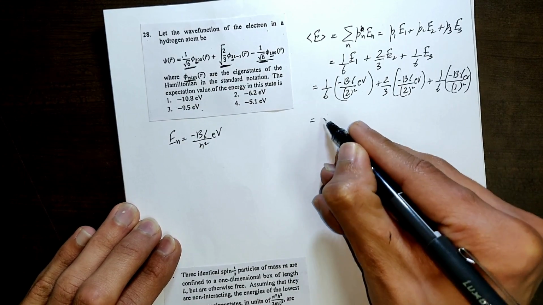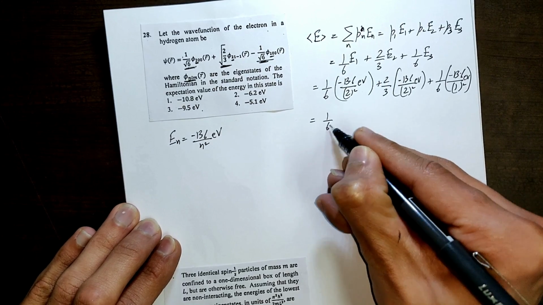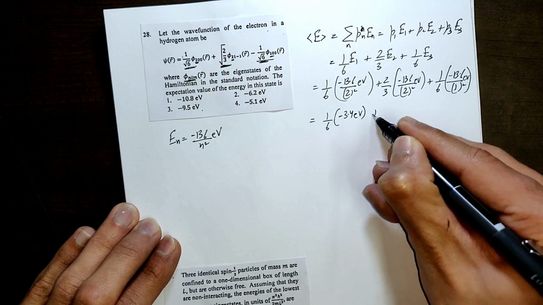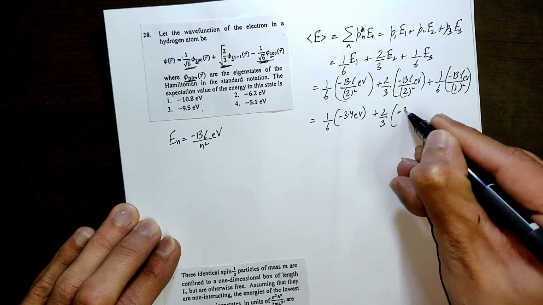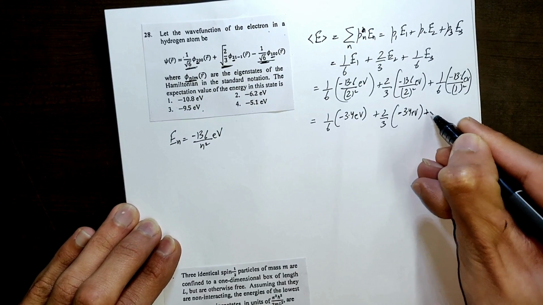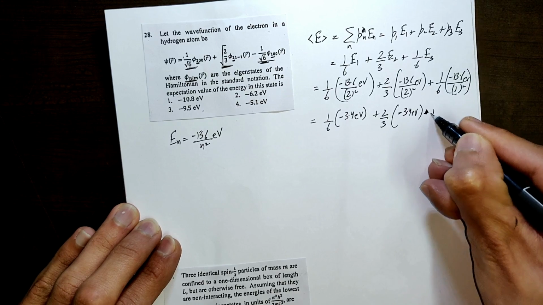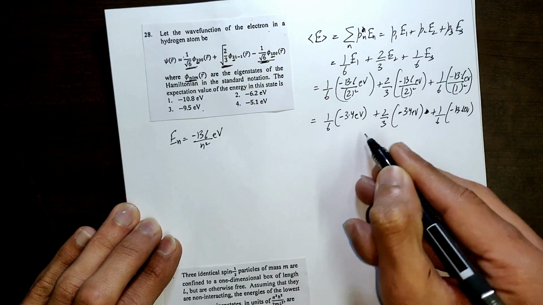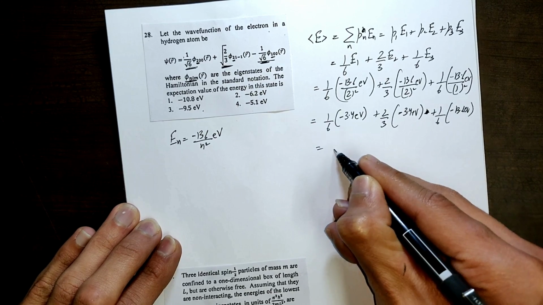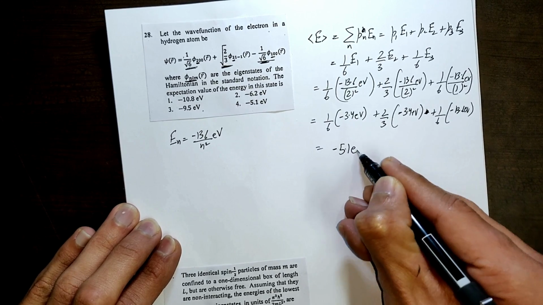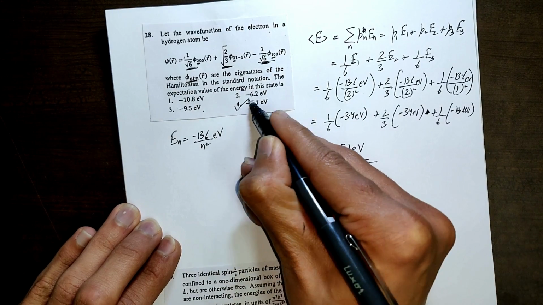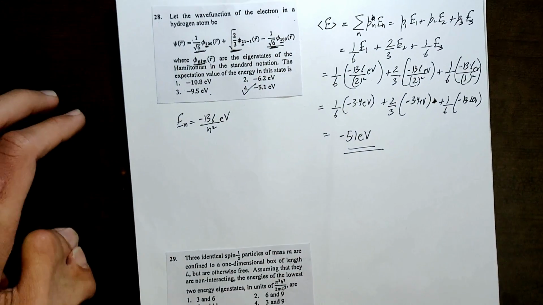This comes out to be 1 by 6 times minus 3.4 electron volt, plus 2 by 3 times minus 3.4 electron volt, plus 1 by 6 times minus 13.6 electron volt. If we calculate all this, it comes out to be minus 5.1 electron volt. So the correct option is fourth, minus 5.1 electron volt.